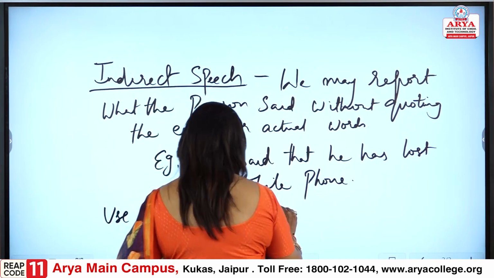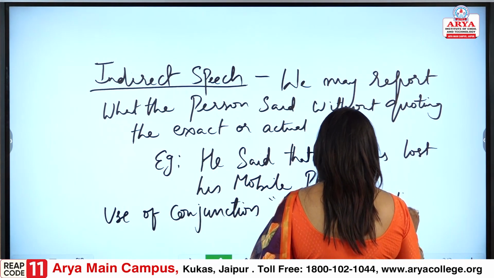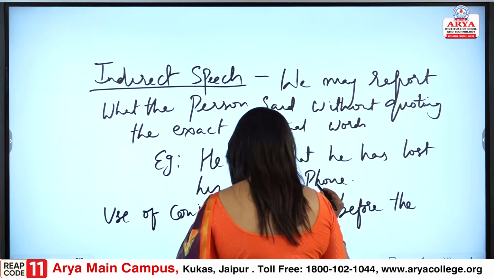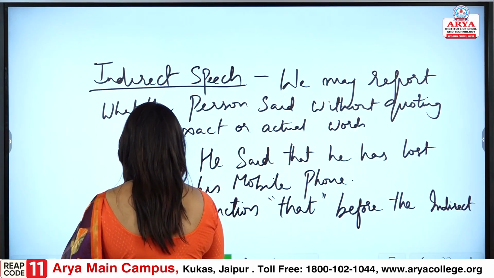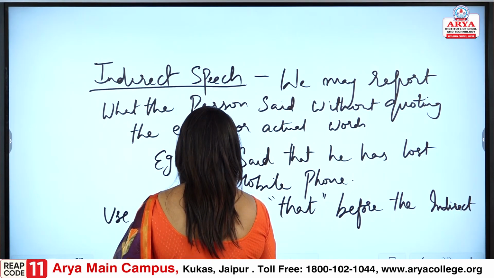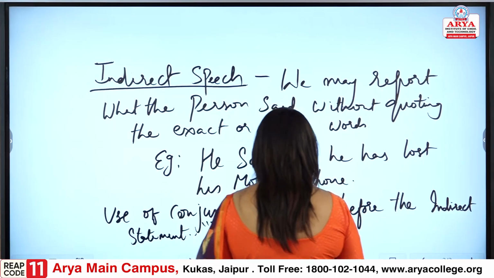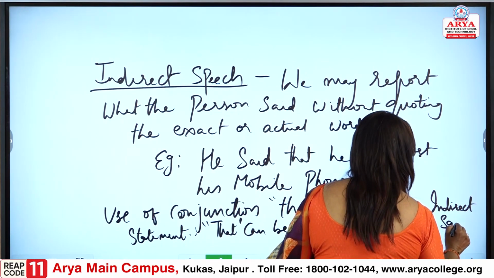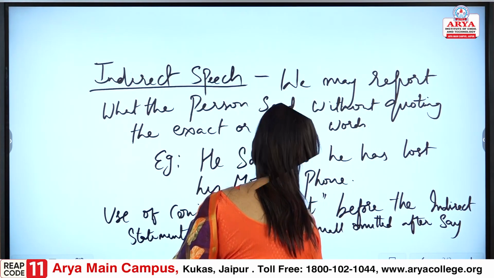So now when we are looking into the use of this, one thing is very compulsory: the use of the conjunction "that" before the object, or before the indirect sentence or statement, we can take it. Again, when we are looking into that, it can usually be omitted after say or tell, say and tell plus object.